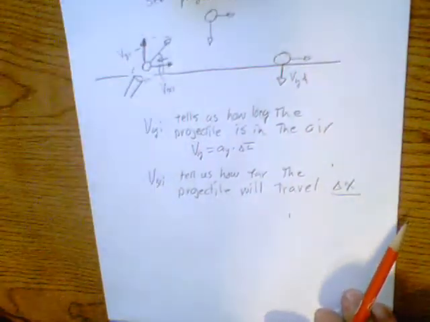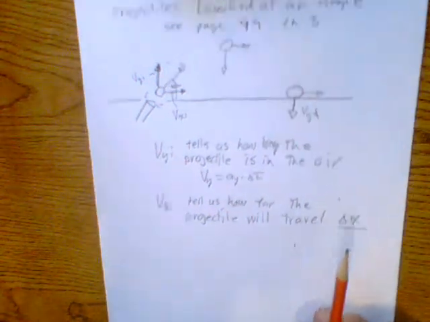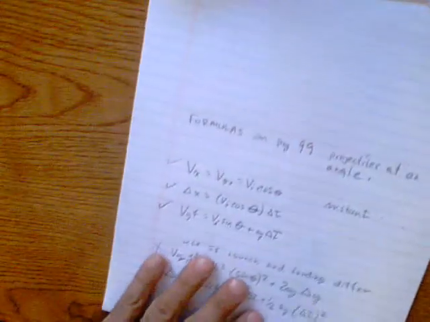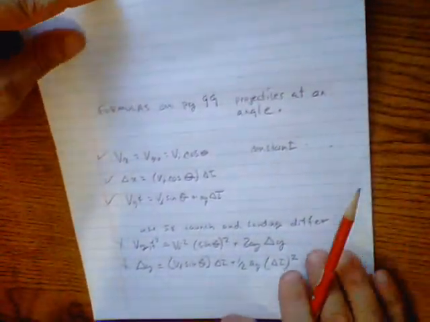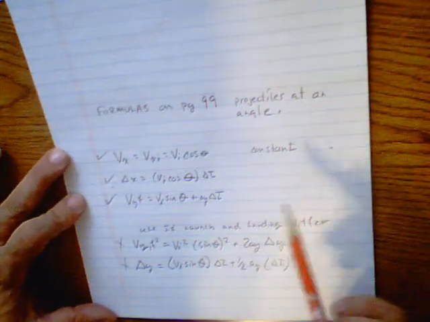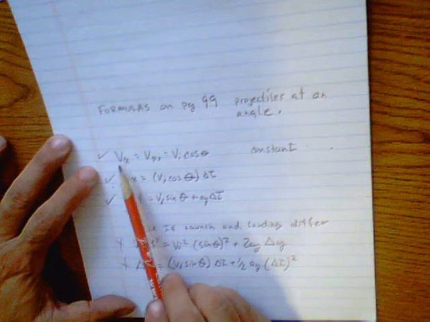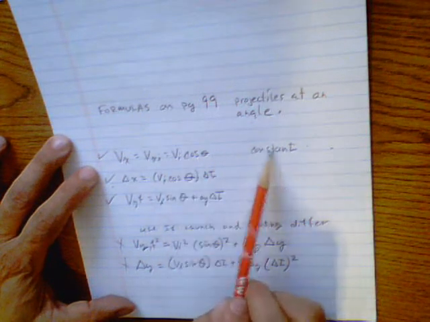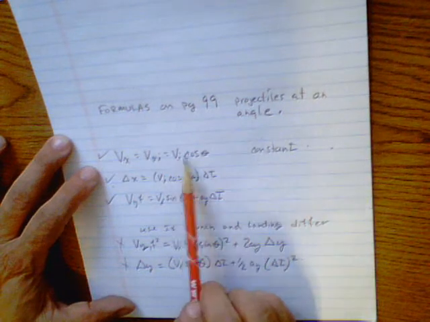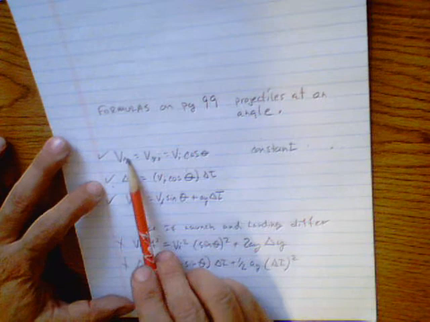All right. So if you look at the formulas on page 99, which I wrote here on my tablet, there's 5 of them. The first formula, Vx equals Vxi, and as I said, it's going to remain constant. We'll solve for this one. You'll definitely need it.